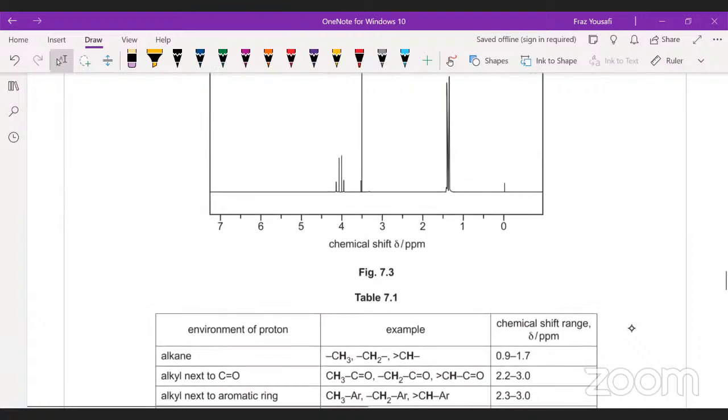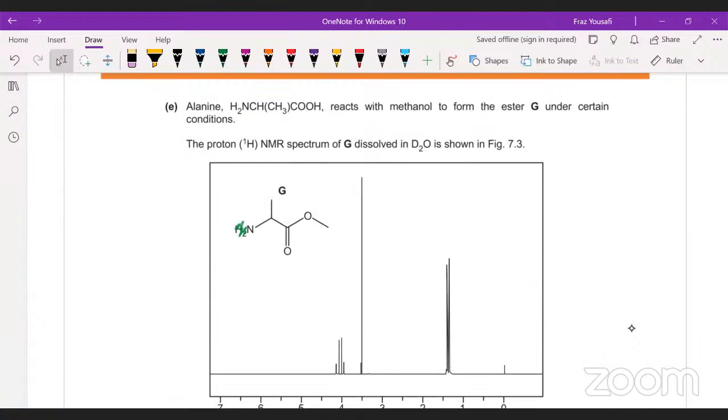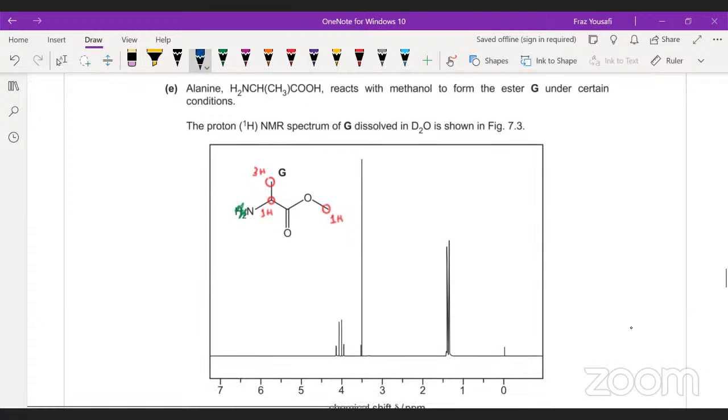So let's label them out on the structure if we could, to be more precise. On G, we are looking at these three protons here, these three protons here, and then the single proton here. So that's 3 hydrogens here, 1 hydrogen there, 1 hydrogen there. Now, if I could give these numbers to kind of make my life easier.